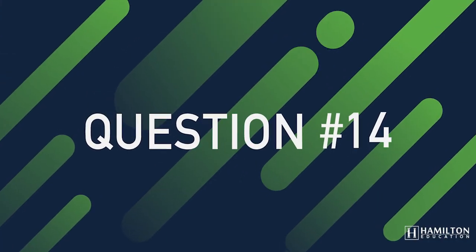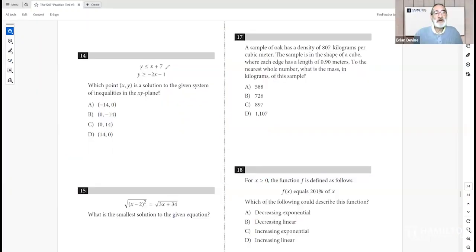Question 14. We're given two inequalities. It's a system, where y is less than or equal to x plus 7, and y is greater than or equal to negative 2x minus 1. And so I could graph that. I don't have to be super artistic, but if you have a grapher, you can graph this. I would have a y-intercept of 7 and a slope of 1.